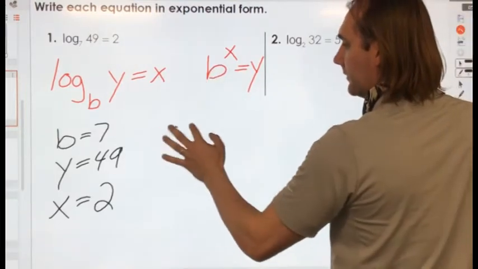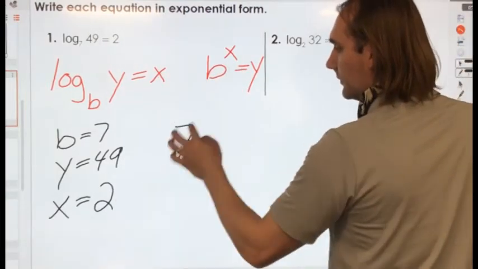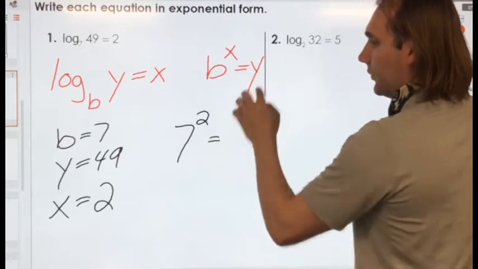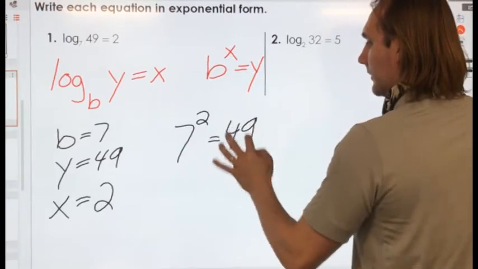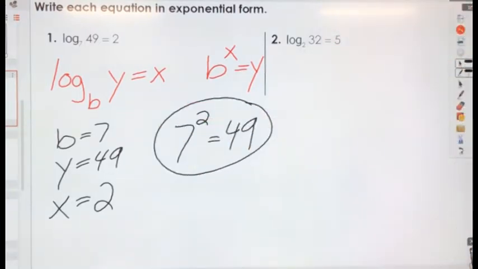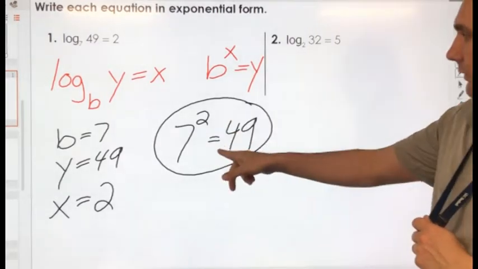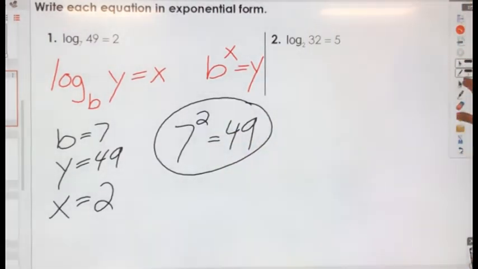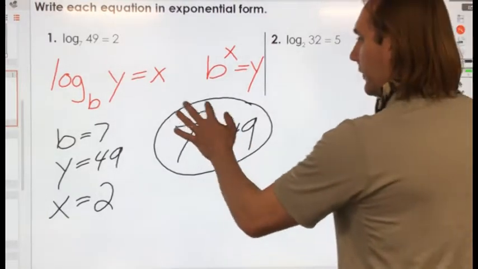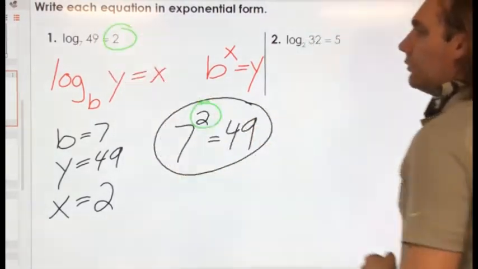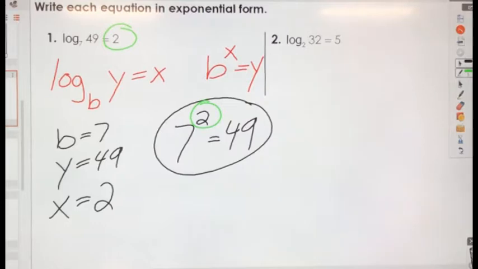So b is 7, to the x power 2, equals y, which is 49. That makes sense. 7 squared does equal 49. So there's my conversion. Log base 7 of 49 equals 2 converts into 7 squared equals 49. Again, I want you to remember, your log will equal your exponent.